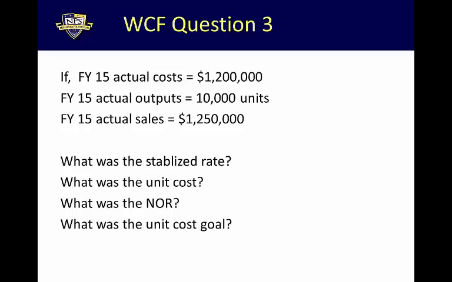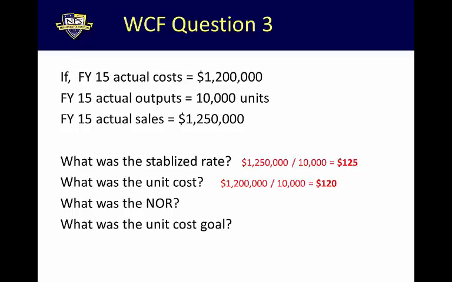So your rate must be sales divided by output. 1.25 million divided by 10,000 is $125 per unit. So what was the unit cost? We know the formula for unit cost is actual cost divided by actual output, so our unit cost was $120.